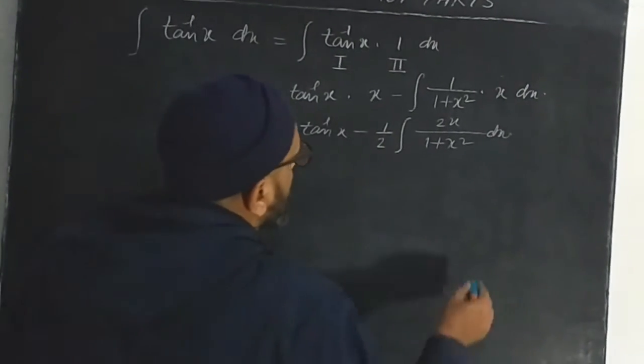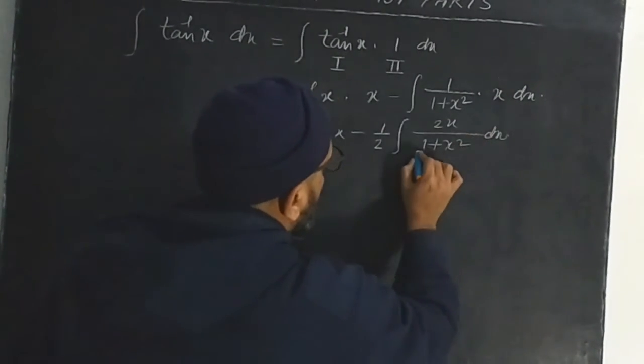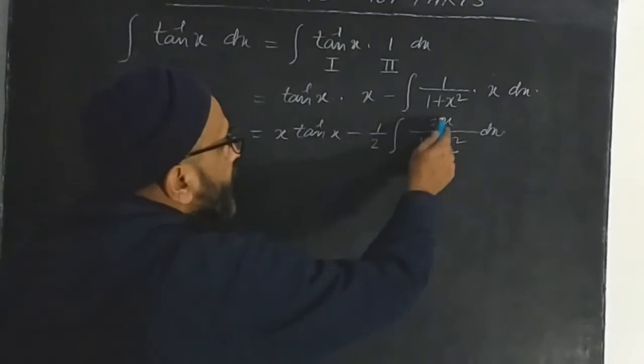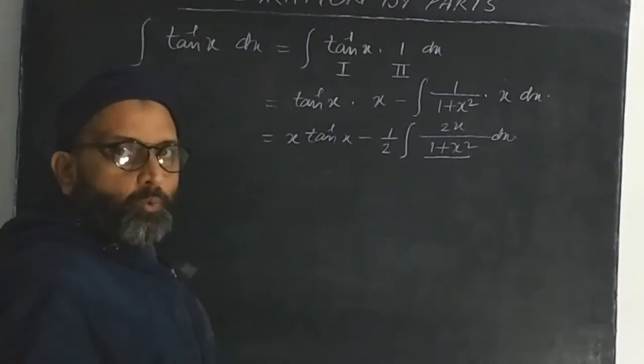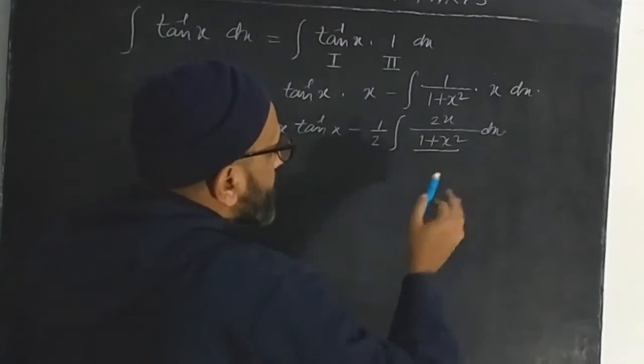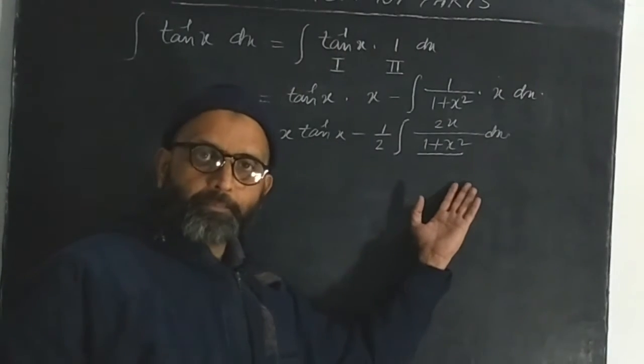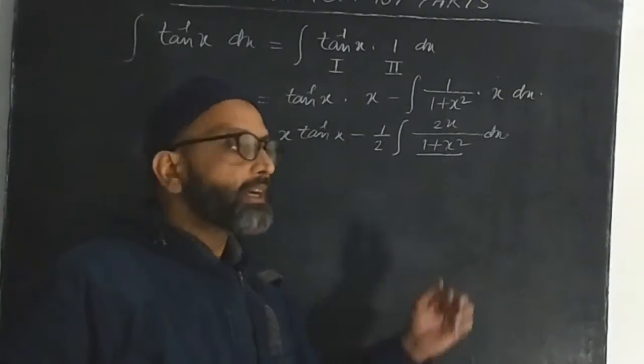We have done this because if we assume this function as u, 2x dx becomes du. So this part is a function which may be integrated by substitution easily.